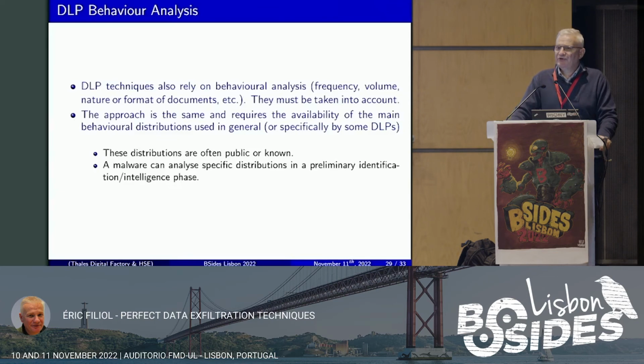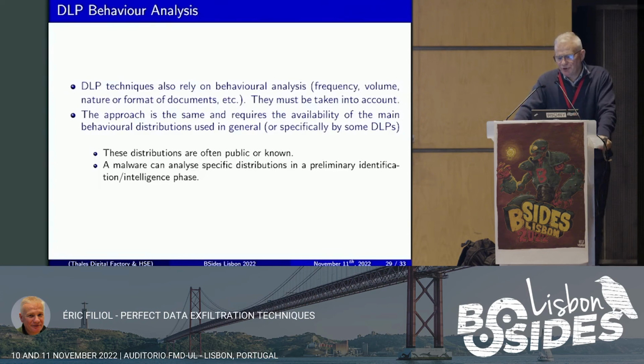But the approach is the same. Instead of having a statistical and entropy profile for the text, you can design and analyze the same for behavior. And in this respect, it is the same as bypassing antivirus. You have static detection, but you also have dynamic detection based on behaviors. So whenever you understand the way a DLP is working, you can evaluate the distribution it uses and mimic it, bypass it.